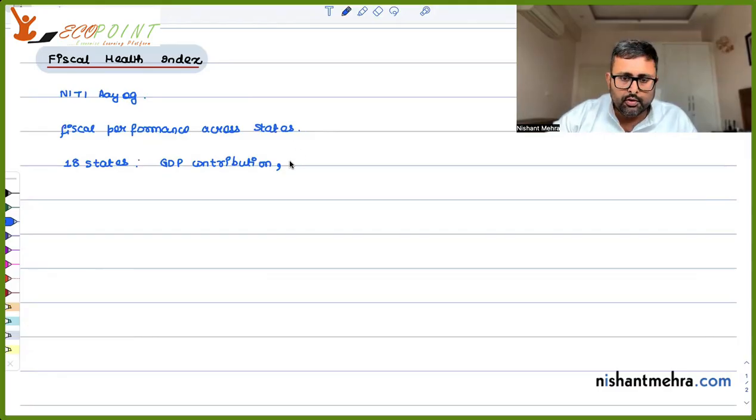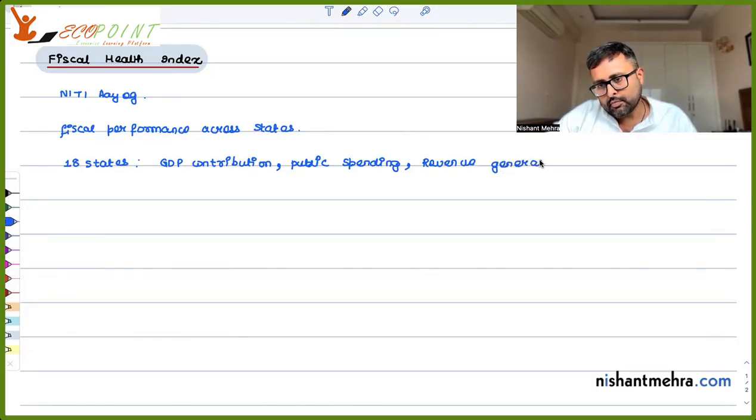GDP contribution. Public spending. Revenue generation.